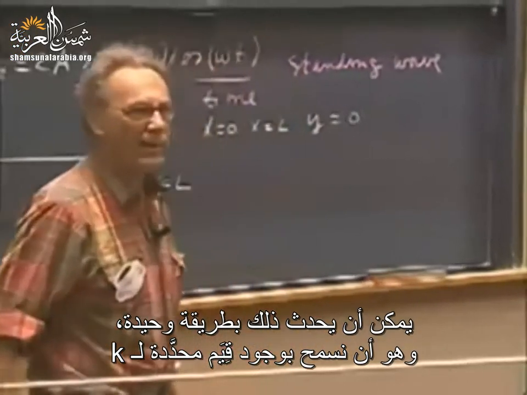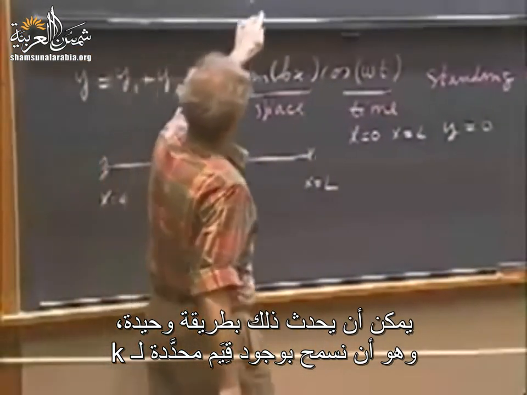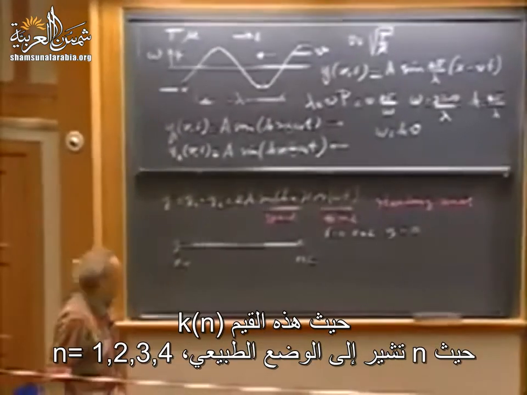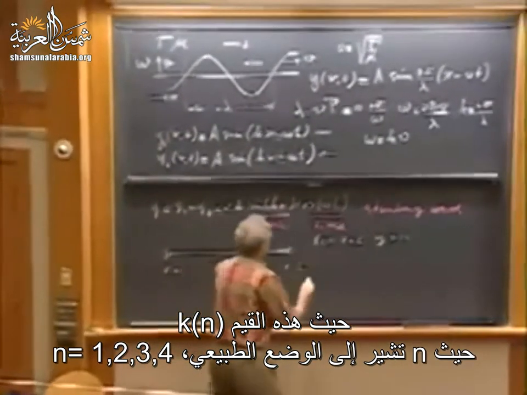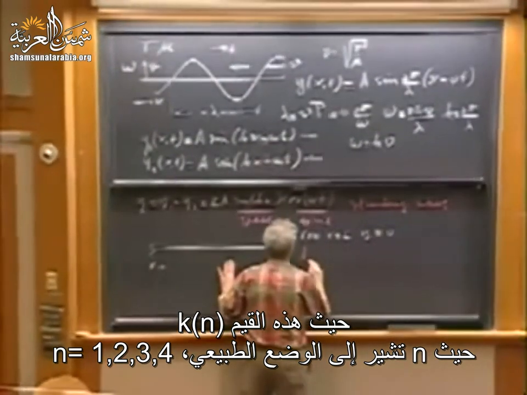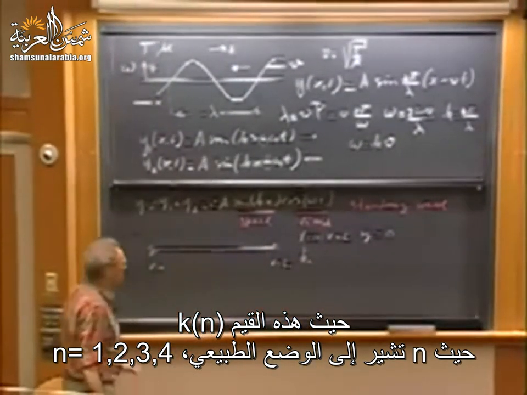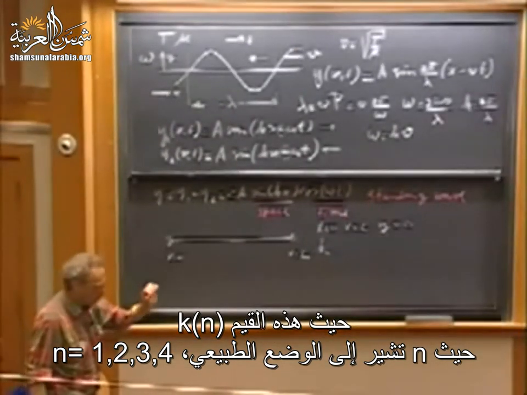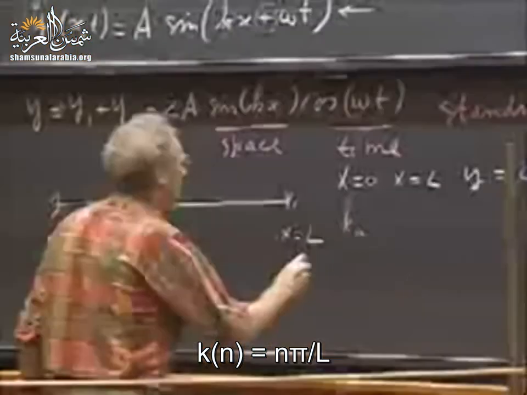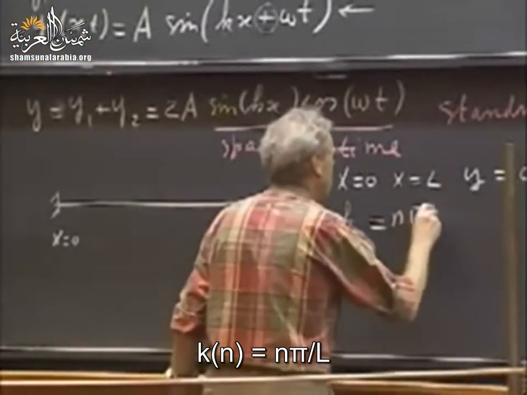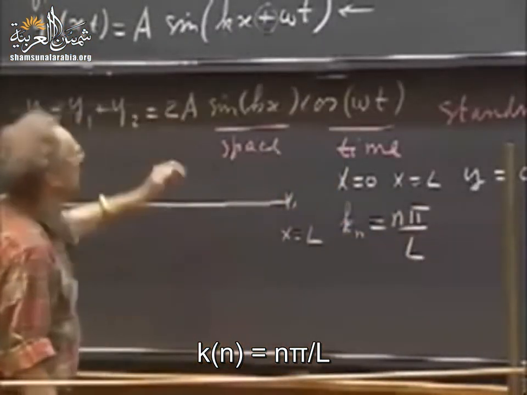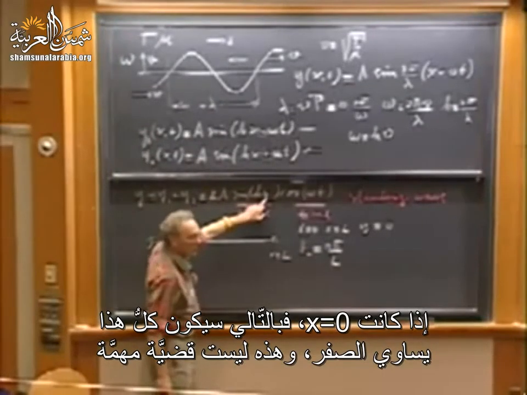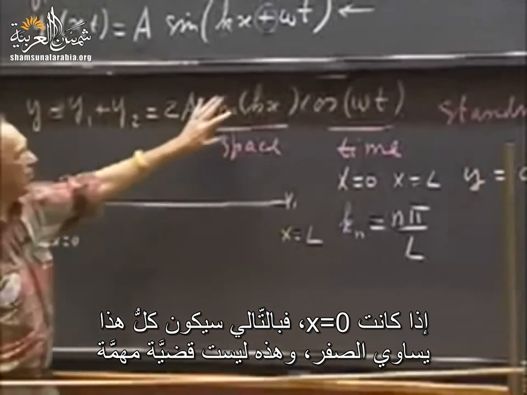And so the only way that that can be done is that you only allow certain values for k to exist. And those values for k, which I will now give an index n, as in Nancy, which is going to be the normal mode, n equals 1, 2, 3, 4, is now going to be n pi divided by L. Clearly, if x equals 0, then the whole thing is always 0.